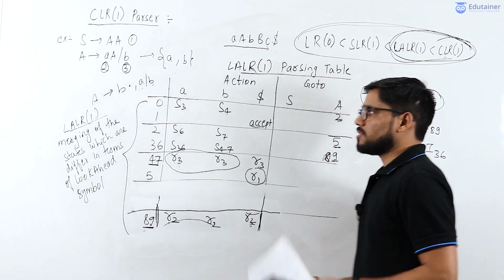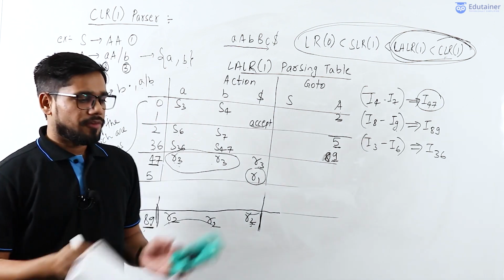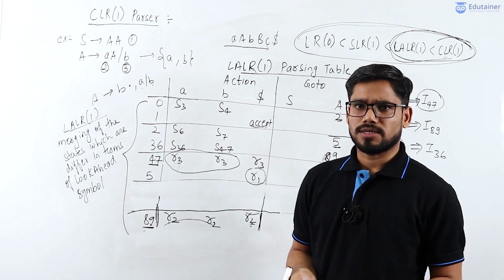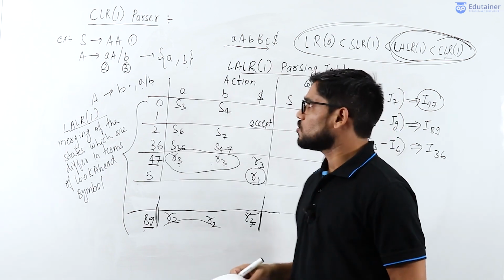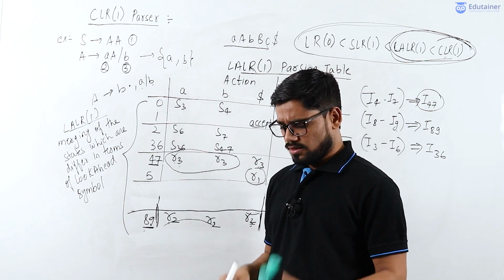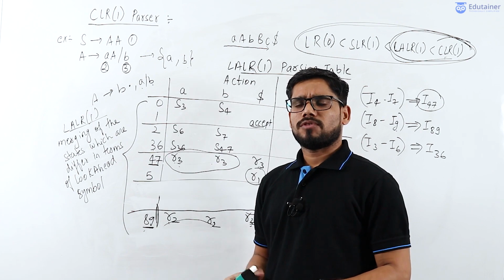Okay, so the difference between the CLR1 and LALR1 parsing tables is those states which differ in terms of lookahead symbols. So that's all about the CLR1 and LALR1 parsers. In the next video we will see different concepts of compiler design.